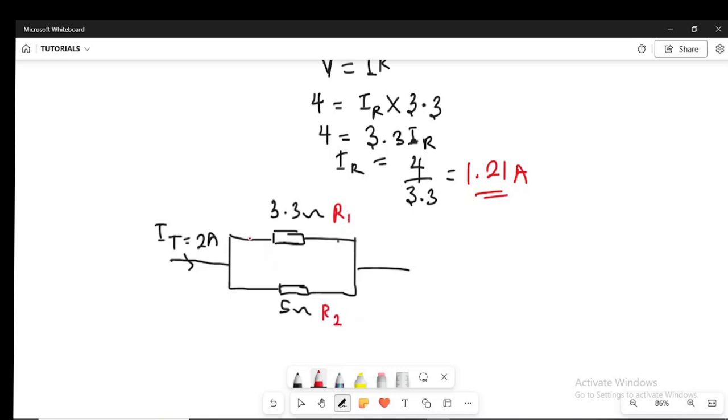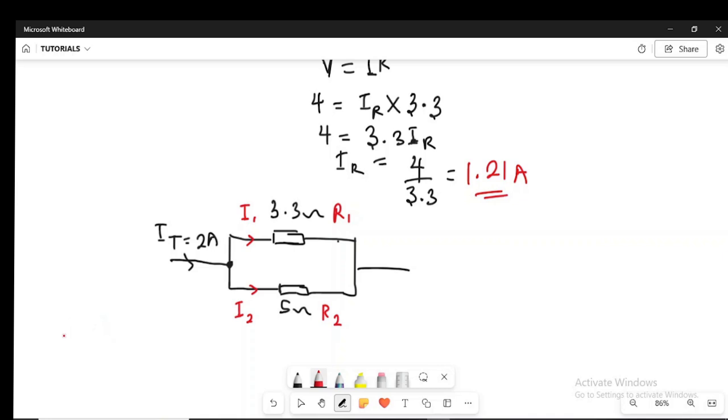Let's assume the current that I have to find is the current through the resistor, let's call it I1. That's the current through this branch. Let's assume the current entering here is I2. Now at this point we assume that this place is the node. So as the current enters this node, it splits into I1 and I2. Now the formula we are going to use is called the current divider theorem.